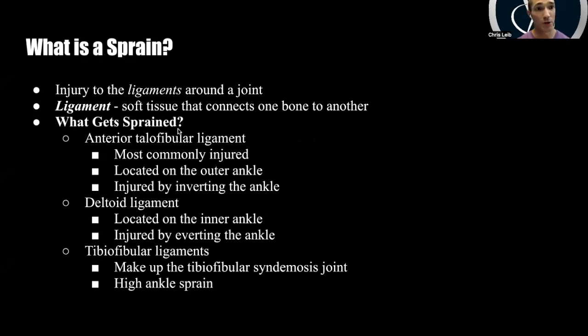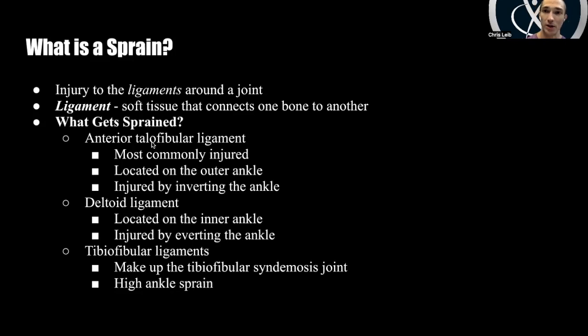What gets sprained? We talked about that. I demonstrated that the anterior talofibular ligament is the most commonly injured ligament in the ankle, located on the outside, and it's injured by inverting or rolling the ankle inward. The deltoid ligament is the opposite. It's on the inside, and it gets injured by everting the ankle, when the ankle is turned more outward.